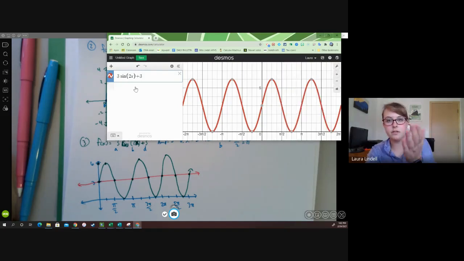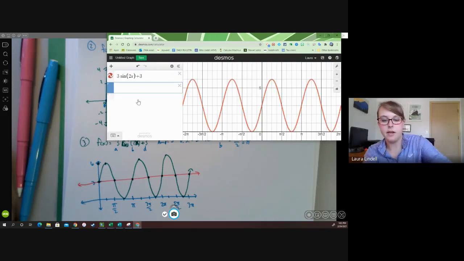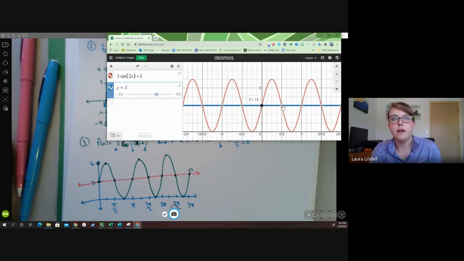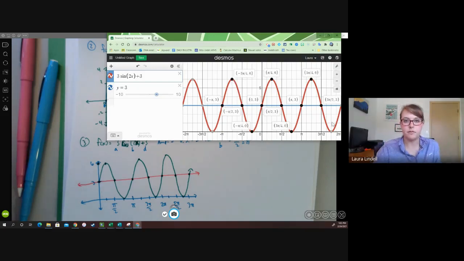So what I would do in this situation, if I was looking to then transfer this graph to somewhere by hand, is graph the midline y equals 3. So that then you get all of these points along the way where it crosses the midline and stuff like that. And then you can call all those points out and transfer them to a graph if you need to graph it on paper.